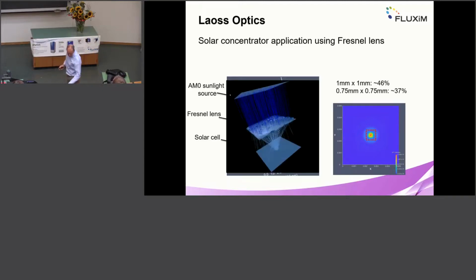This is an actual picture of some rays visualized. So we have collimated rays coming and then going through the lens and being focused on the solar cell area here. That's the first example.